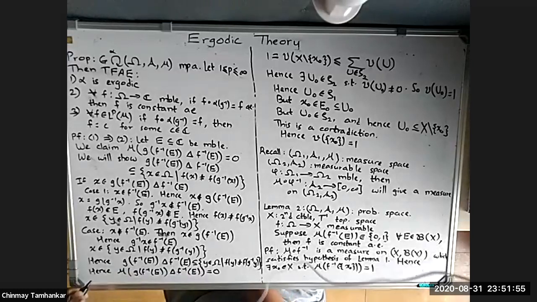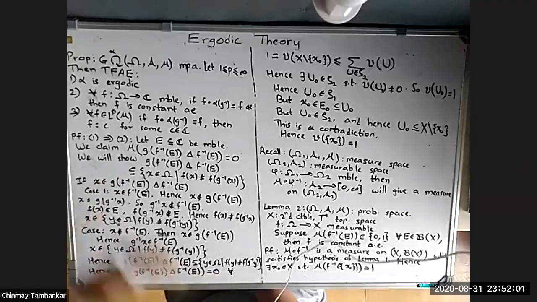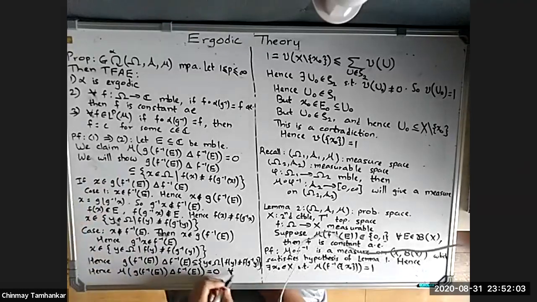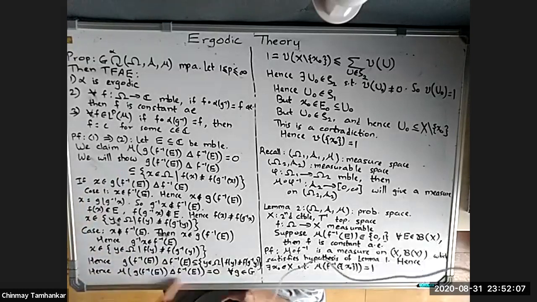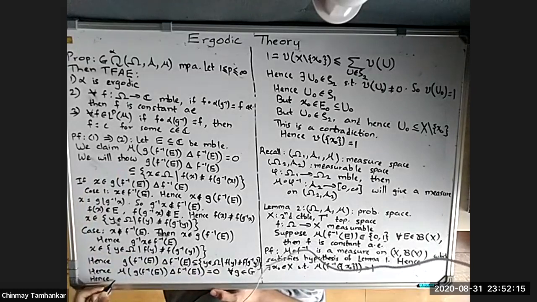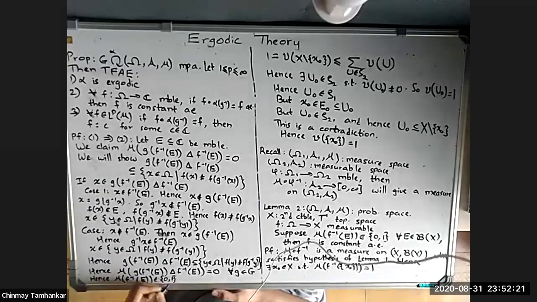So we fixed one G and showed this, but the small g was arbitrary. So this is for all g in capital G. But alpha is ergodic, so measure of f inverse E has to be 0 or 1.